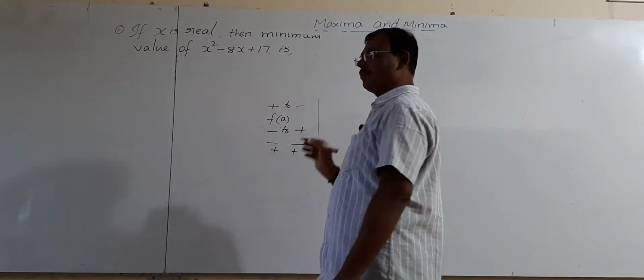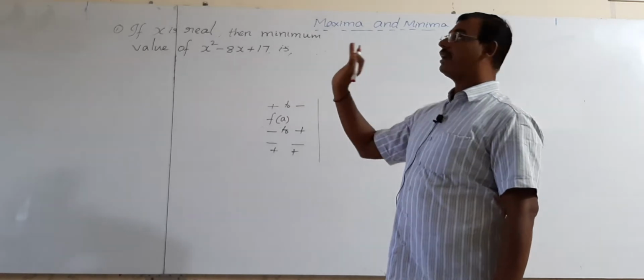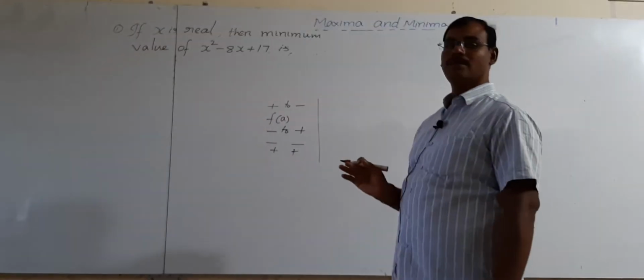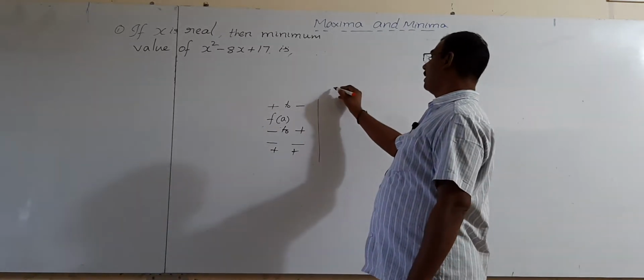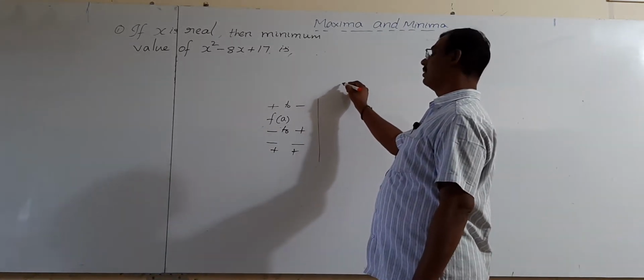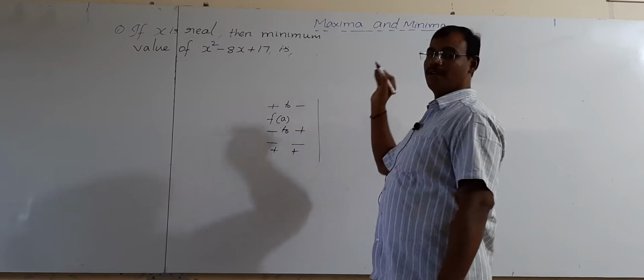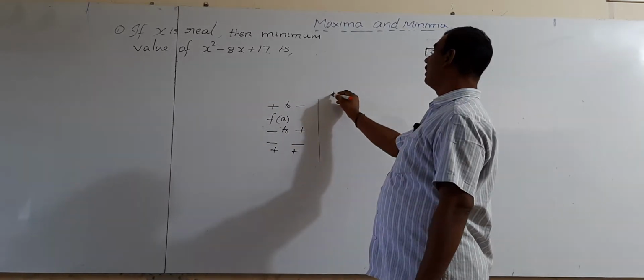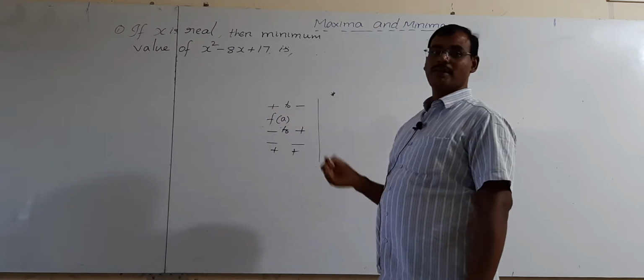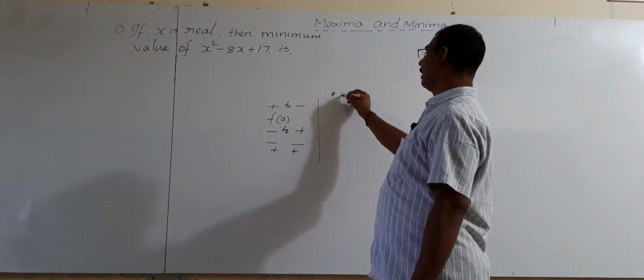And next, what is the second derivative test? Using the second derivative test also, we can find maxima and minima. Take a function f of x that is differentiable at x equal to a. How do we define a local maximum?